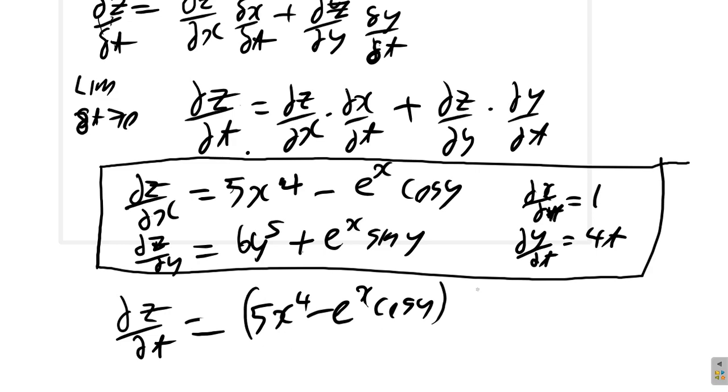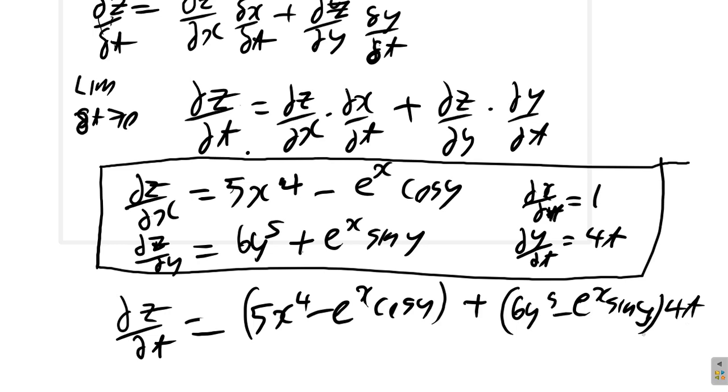That will be multiplied by the partial of x with respect to t, which is 1, plus the partial of z with respect to y, which is 6y to the 5th plus e to the x sine y, times the partial of y with respect to t, which is 4t.